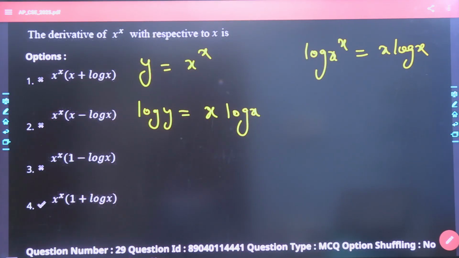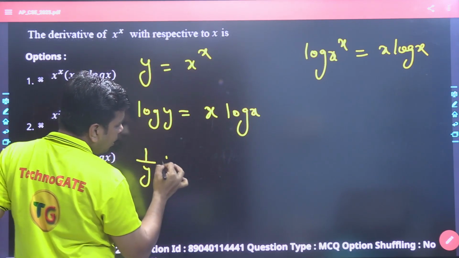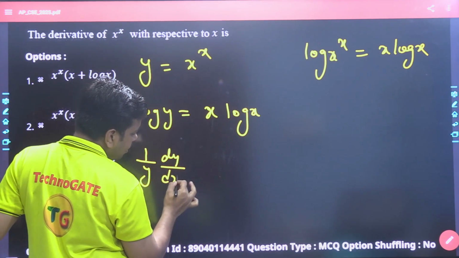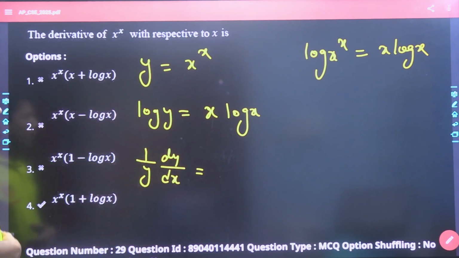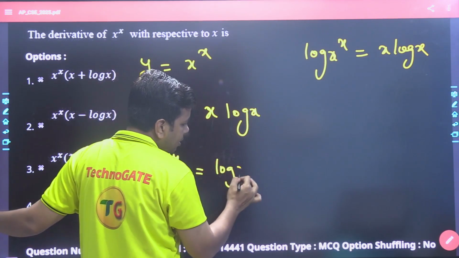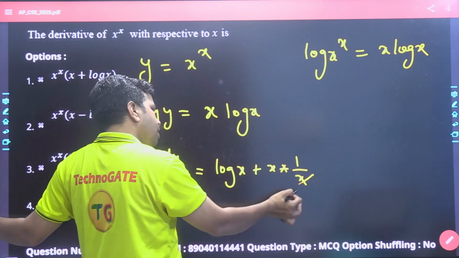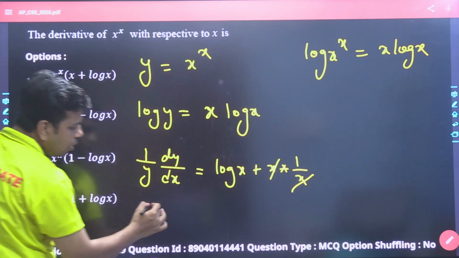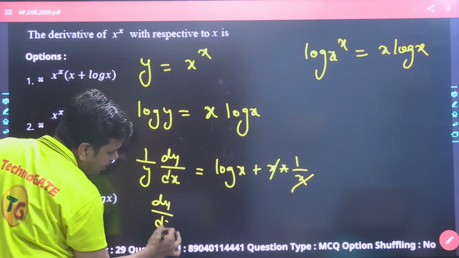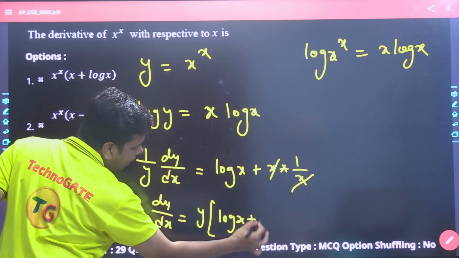Now take the differentiation on both sides. So the differentiation of log y becomes 1 by y dy by dx, equal to the derivative of x log x. Differentiating, this is log x plus x times 1 by x. You can cancel this term. So dy by dx is equal to y into (log x plus 1).